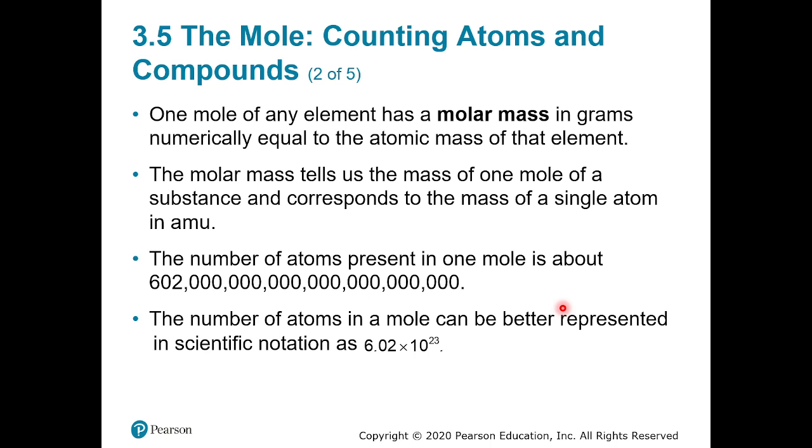So 1 mole of any element has a molar mass in grams that's going to be numerically equal to the atomic mass of that element. We've played a trick. We've defined moles so that the number in your periodic table always gives you 2 things. It gives you atomic mass, and it gives you the grams for 1 mole.